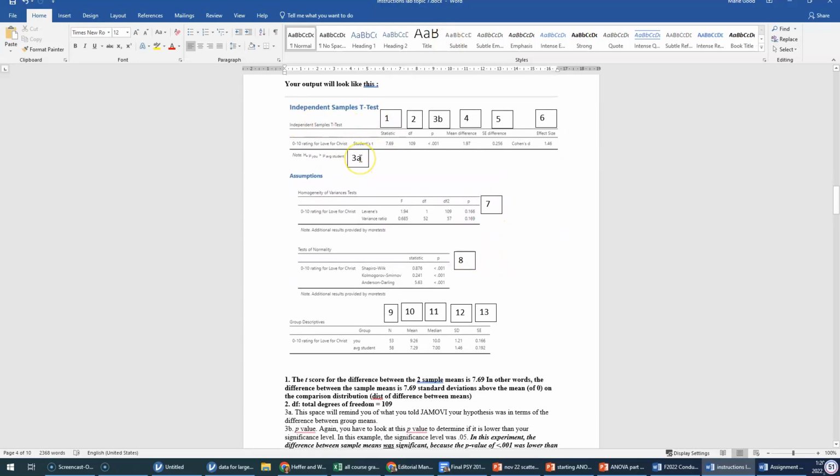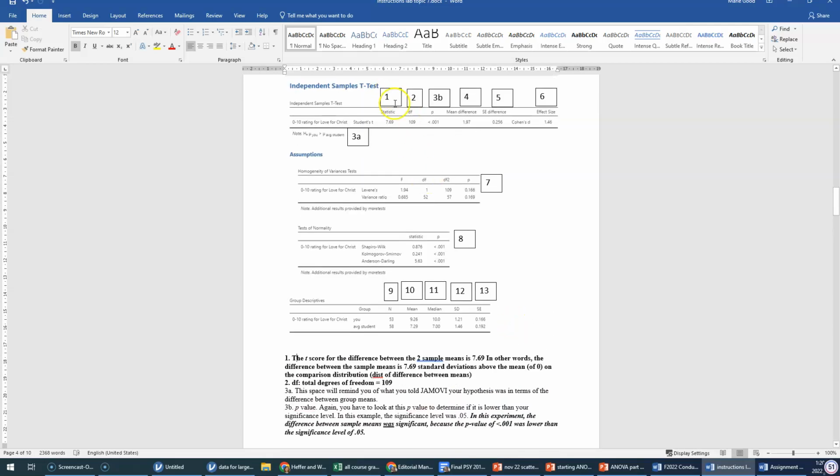So what you'll notice is that, as always, I've annotated the output for you. For each number that appears in the output, I have a little description. For example, number 1 is the t-statistic. That's the t-score for the difference between the two sample means, right?